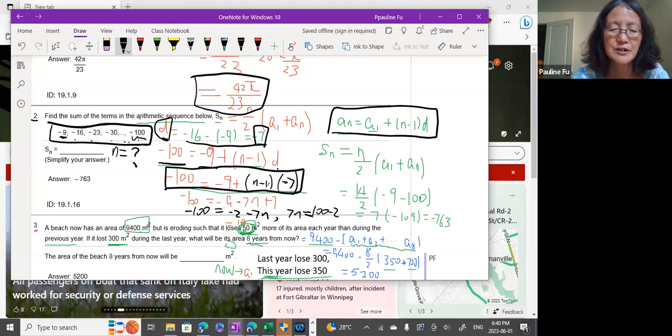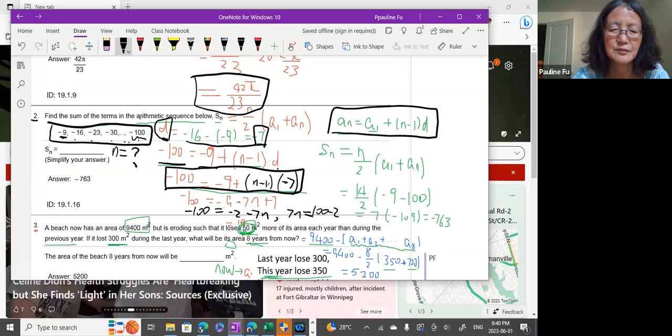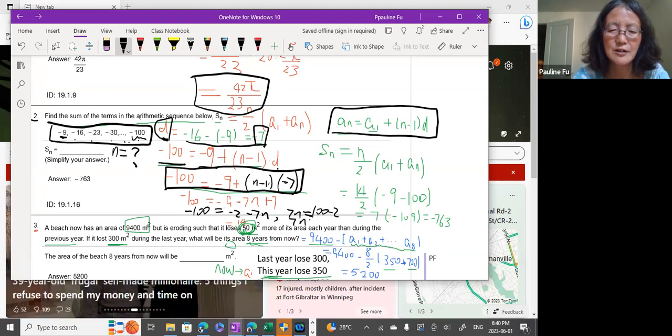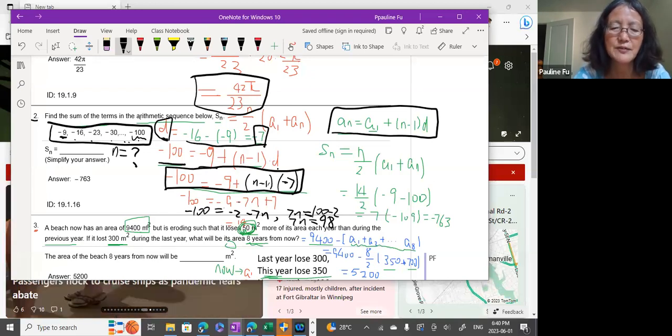Let me double check. Negative 9, n minus 1, negative 7, 7n equal to negative 2. So this is 7n. So we get 7n equal to 98. 7n equal to 98, n equal to 98 divided by 7 equal to 14.